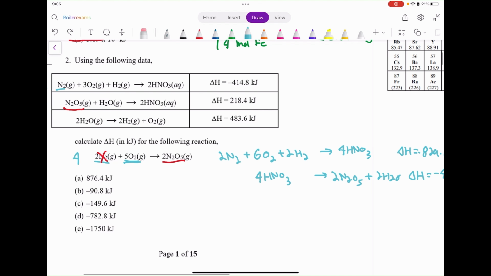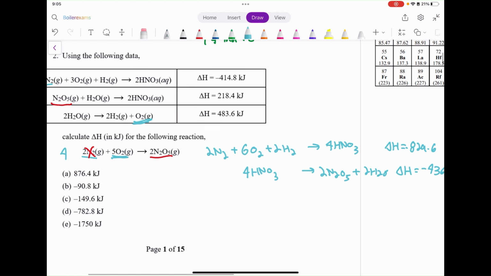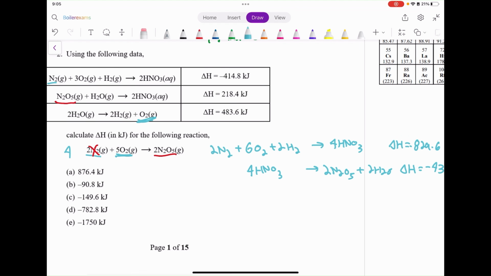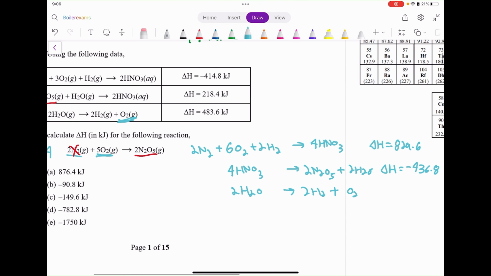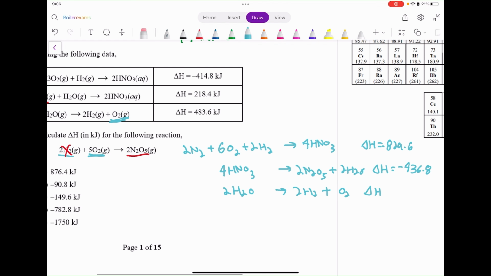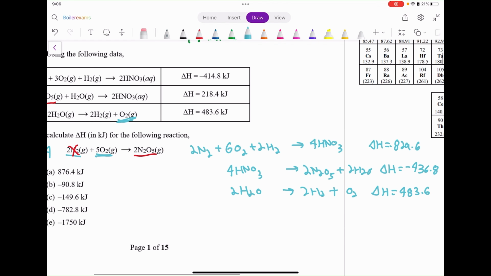We can get that by just adding 1 of equation 3, because O2 already has a coefficient of 1. So if I just add 1 of reaction 3, I get 2 H2O, which is turning into 2 H2 and 1 O2. I didn't change anything, so I'm going to keep delta H the same. Okay, so let's see what cancels now.